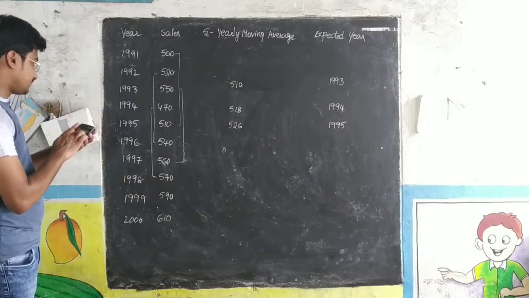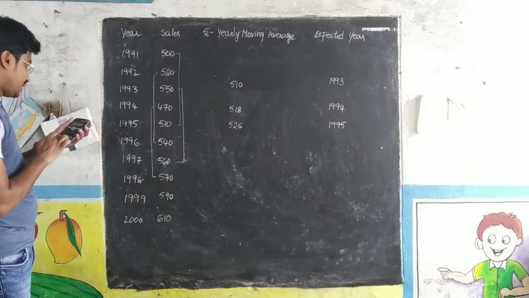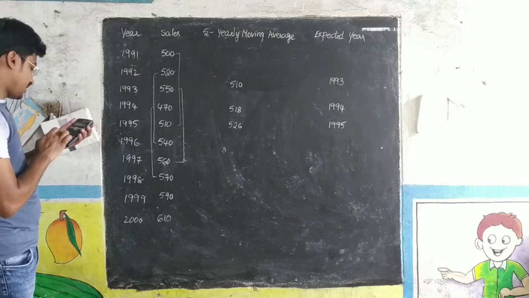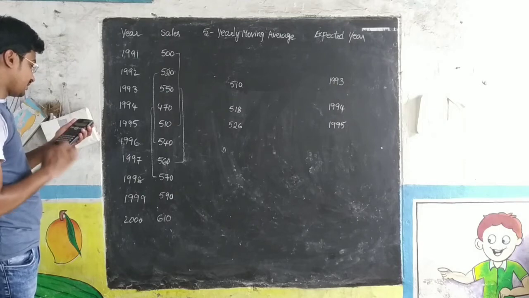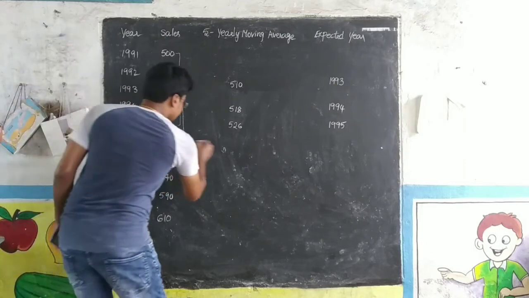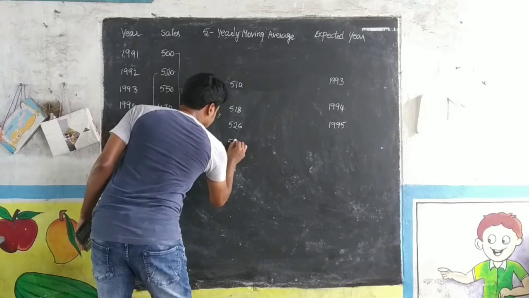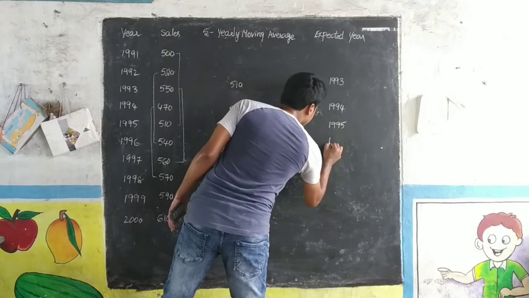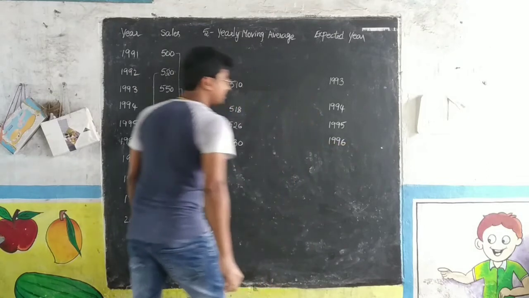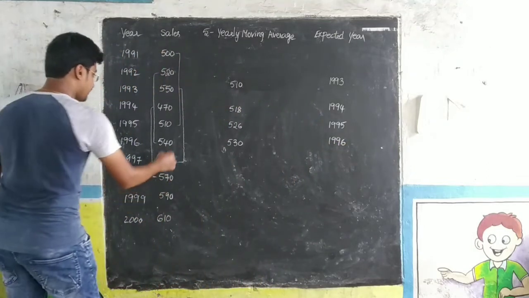Next 5 years. 470 plus 510 plus 540 plus 560 plus 570 divided by 5 is 530. The middle year is 1996.